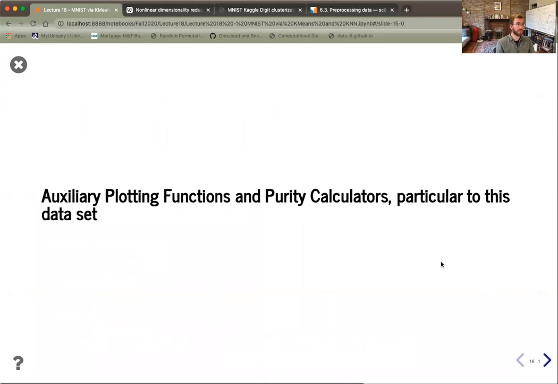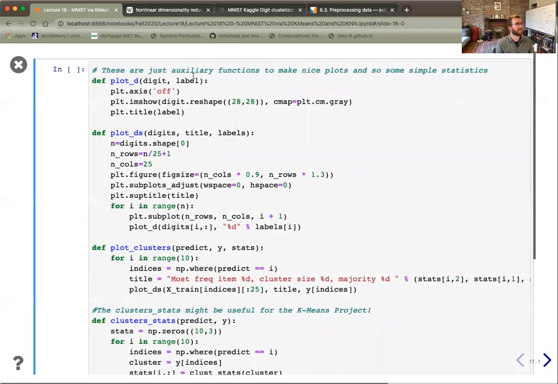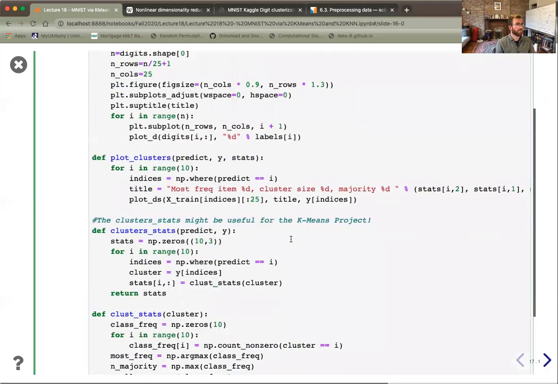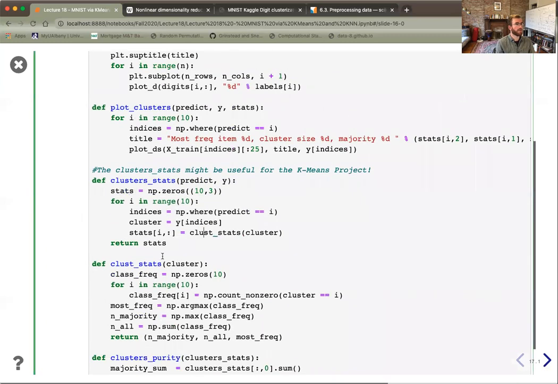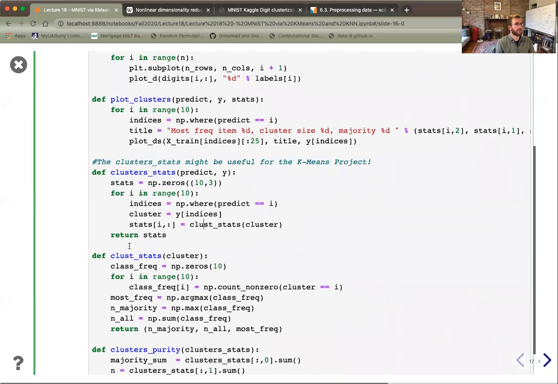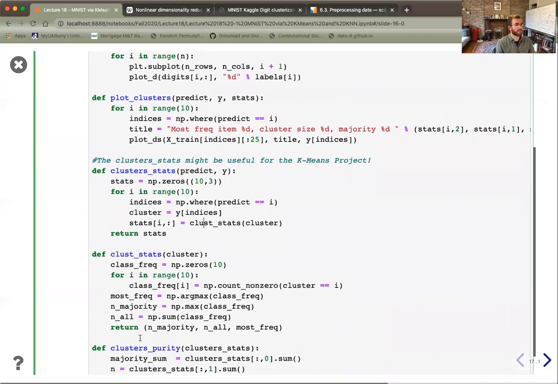All right, so let's go ahead and put all this into some code, and then let's look at some plotting functions that are particular to the MNIST data set. These are essentially auxiliary functions that I borrowed from one of these other demonstrations. But the key thing is going to be these cluster stats. We've got a combination of things, cluster stats and cluster purity.